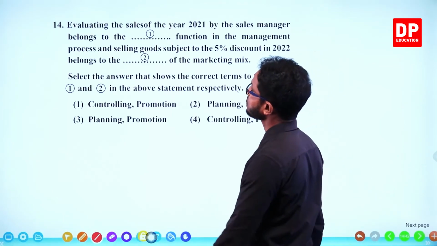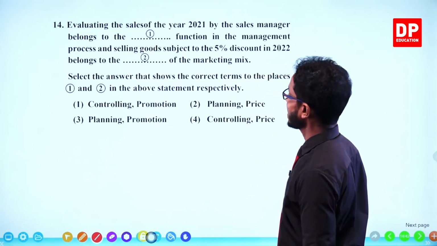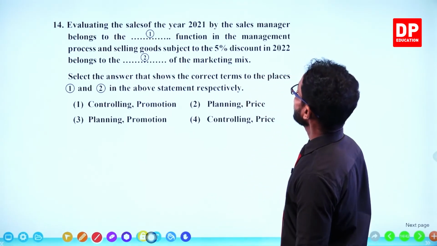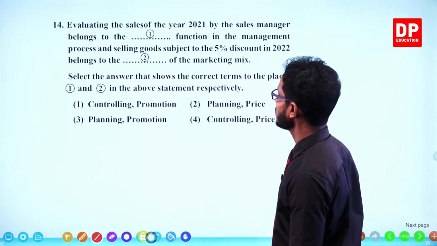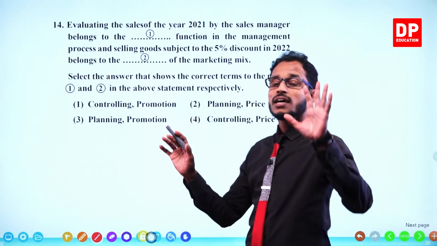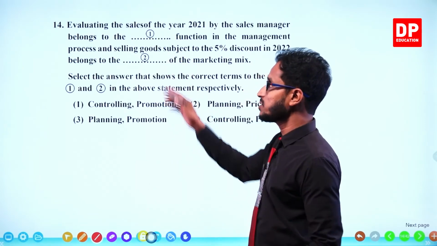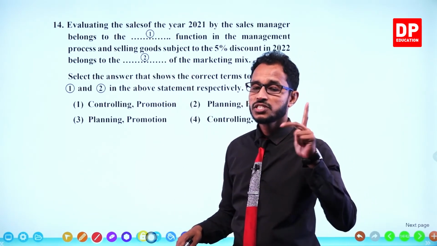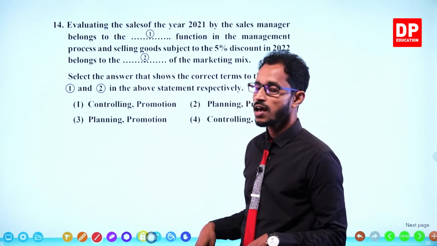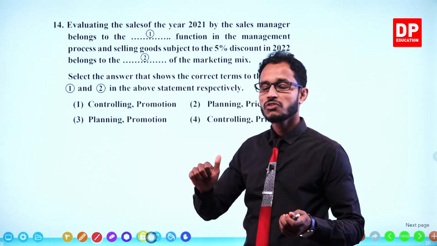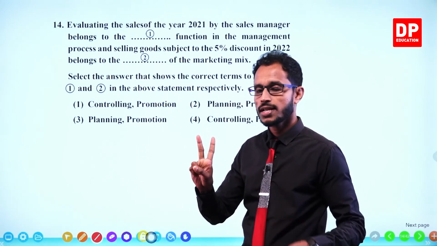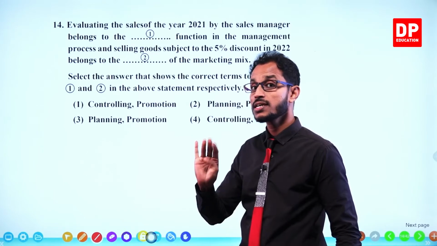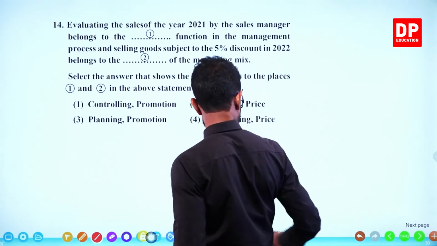14th question. Evaluating the sales of the year 2021 by the sales manager belongs to... This is management. I have always told you evaluating, correcting, checking, those are which function of management? Planning, organizing, leading, or controlling? Controlling.